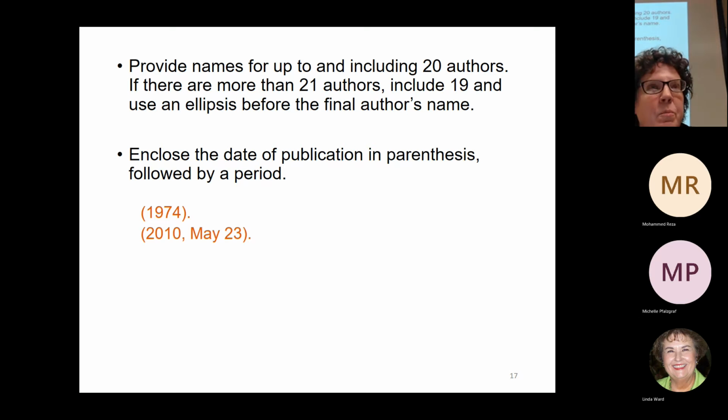Add that. So before this change, if you had 6 or more authors, then you could use the ellipsis. Now it's up to 20. If there are more than 21, include 19, use an ellipsis, 3 dots, then the final author's name.